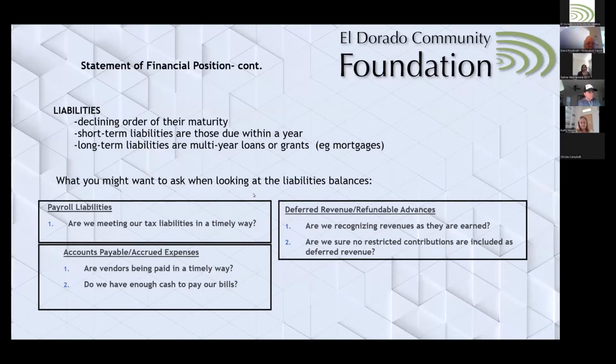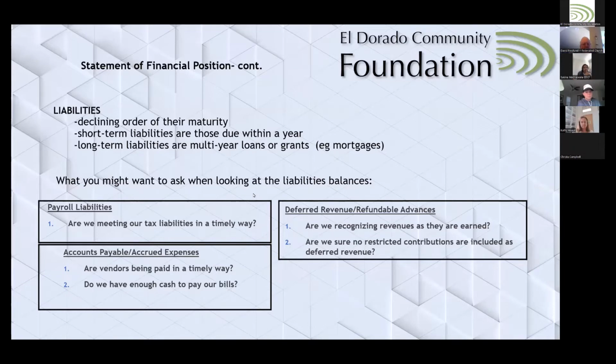So if you see an asset being credited or in the credit column, you have to ask your finance person, why is there an asset being credited? Are we negative in our bank, or is there something that we owe, or is it incorrect? Sometimes numbers can be juggled around. So a debit balance is normally an asset, and a credit balance is normally a liability on your balance sheet.